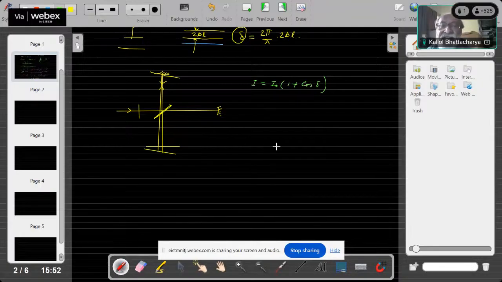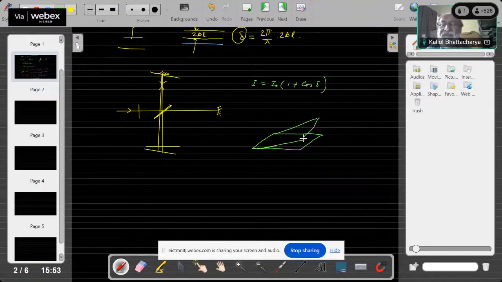If this is one wavefront, and this is the other wavefront, remember they are no longer parallel to each other.